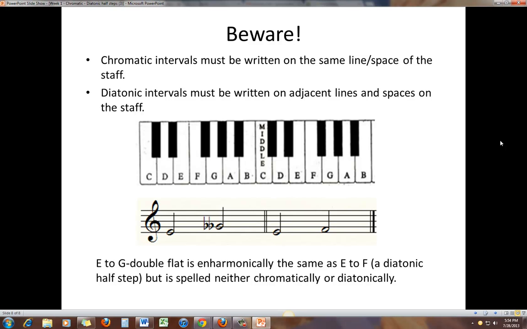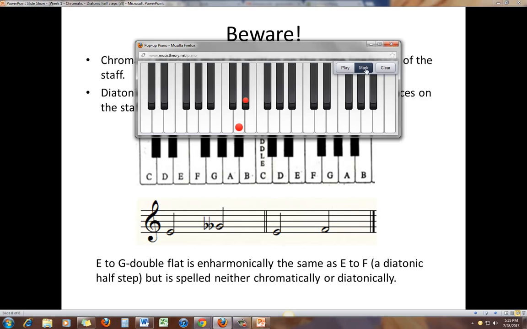Other things to be careful of. Chromatic intervals must be written on the same line or space. Diatonic intervals must be written on adjacent lines and spaces. So while E, here's E, and G double flat are going to sound like a half step, they are written as a third.